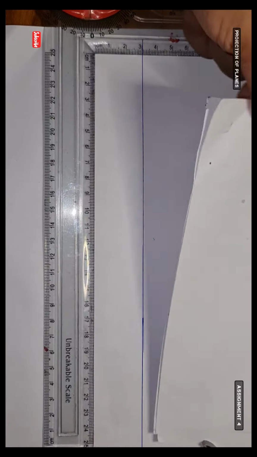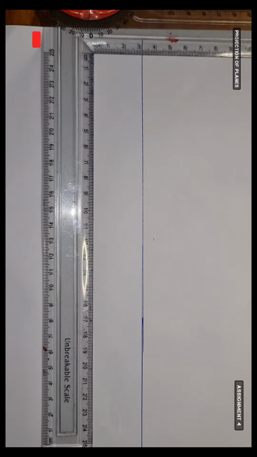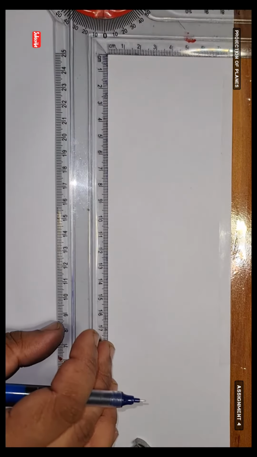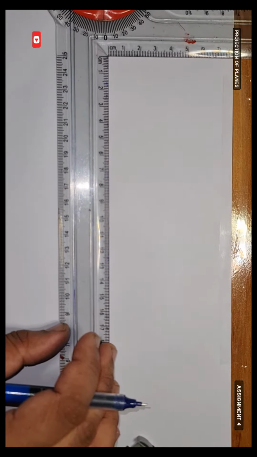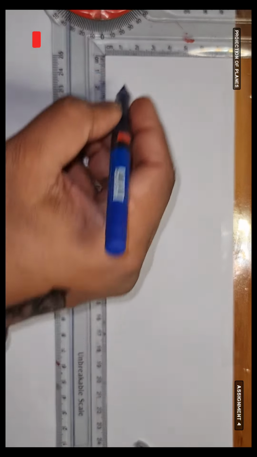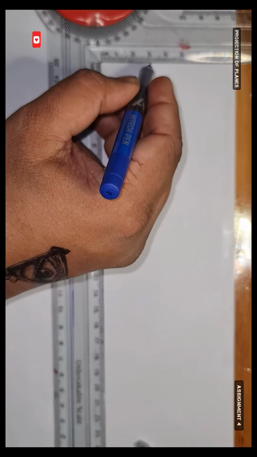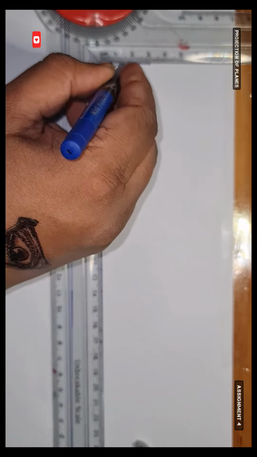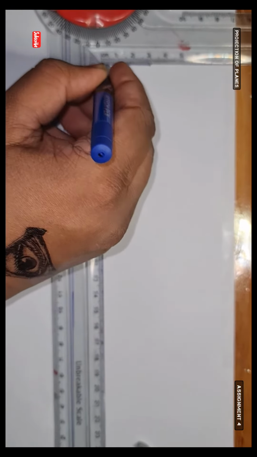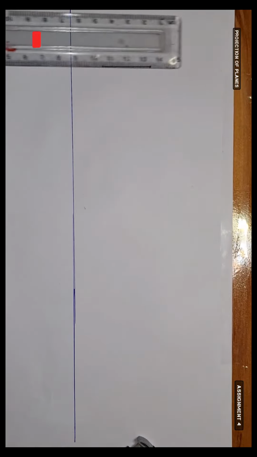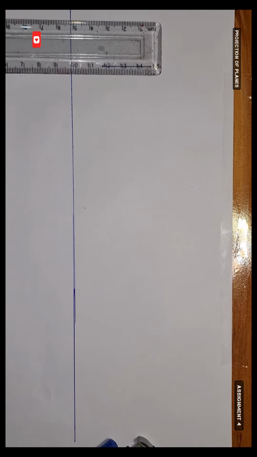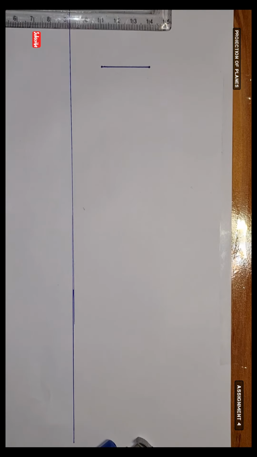For this you have to make your pentagon on the upper side of the XY line. The edge of the pentagon is 30 mm. So you make any perpendicular line, this is your 30 mm. In this question the XY line should be made after you generate the pentagon.